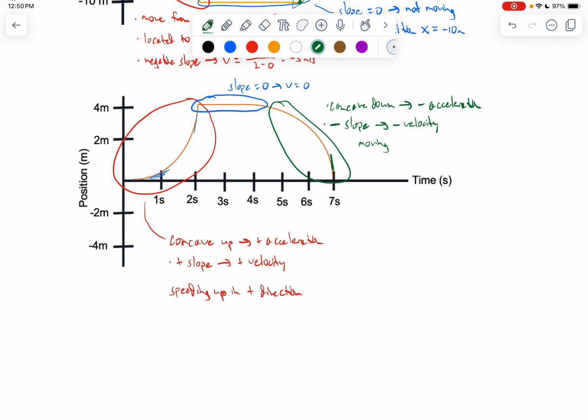We'll call that speeding up in the negative direction, which again is one of our 2 possibilities of having a negative acceleration. We can either speed up in the negative direction, or we could slow down in the positive direction. But this graph is showing us going faster while moving in our negative direction.